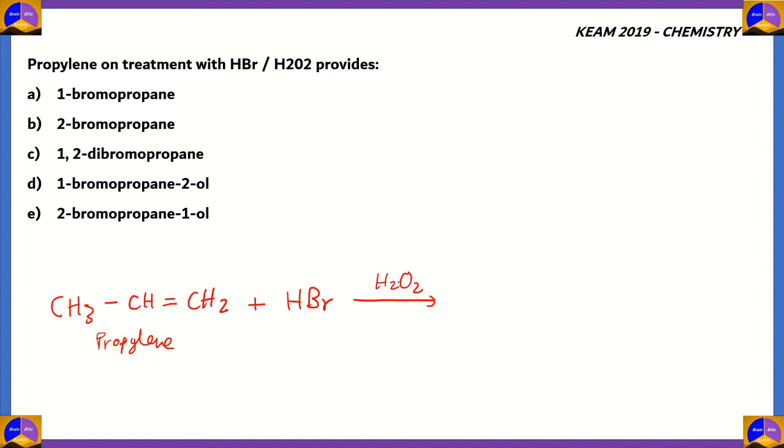Now, this is basically an addition reaction, so addition of hydrogen takes place here. But over here, the presence of H2O2 is pretty important because that means that the addition will be Anti-Markovnikov. So, according to the Markovnikov rule, the hydrogen will go to the side of the double bond that has a higher number of hydrogen atoms, while the nucleophile, the bromine ion, will move towards the side which has fewer hydrogen atoms.